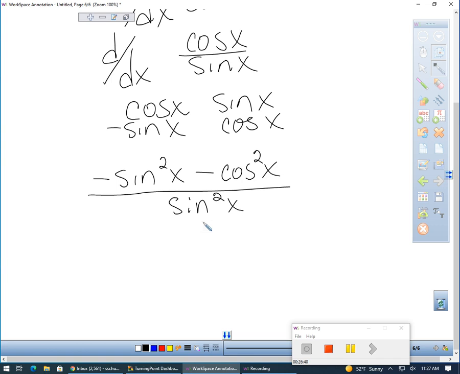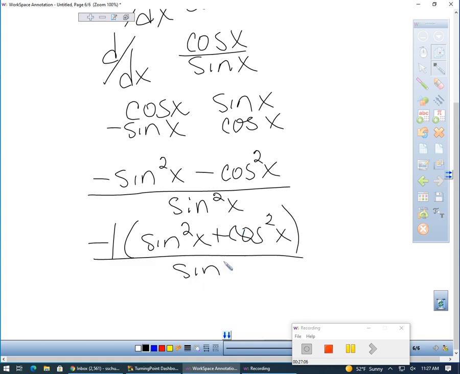Let's take out a negative 1. So on the top I have sine squared x plus cosine squared x, which equals 1, over sine squared x. So right now we have negative 1 times 1, or negative 1, over sine squared x.